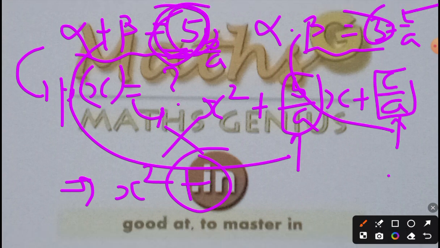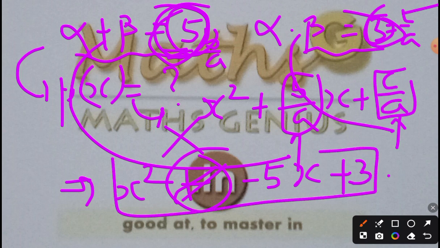So here it is given that the value is 5, so we'll take minus 5 of x plus 3, which goes as it is. So this is the polynomial, not exactly in the standard form, but this is the polynomial.